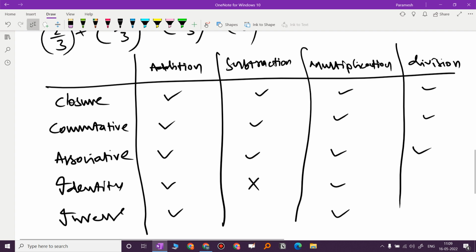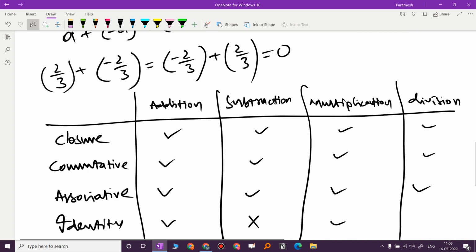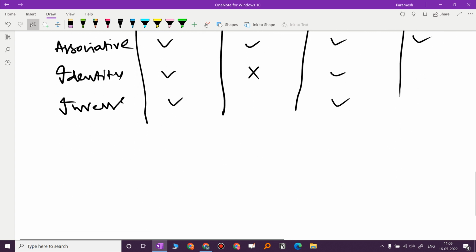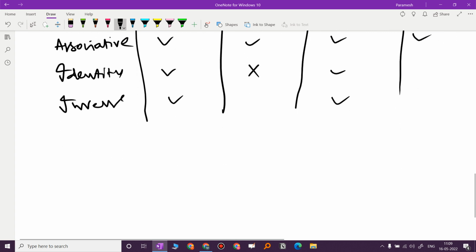Okay. Inverse. Suppose you take the inverse property under subtraction. What is inverse? Suppose you take a by b, its inverse is minus a by b, and their sum is 0. That is called the inverse property under addition.